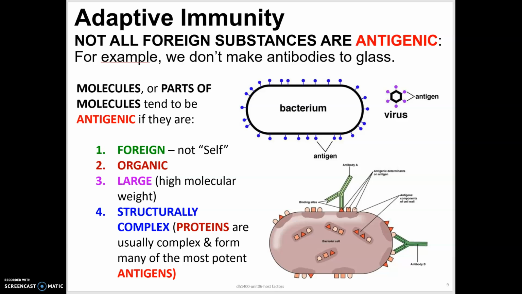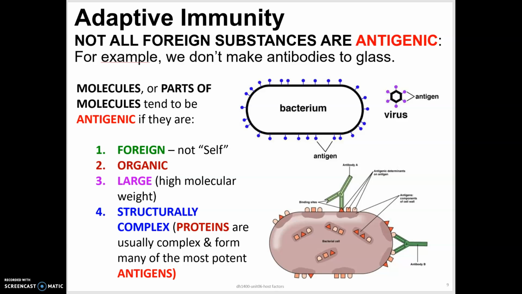It's not going to have an immune response against that piece of glass. The same thing if you have a piece of wood in your hand and you get a splinter. The body's not going to recognize the splinter as an antigen. There has to be certain things that the body can recognize, and that's what we call an antigen.